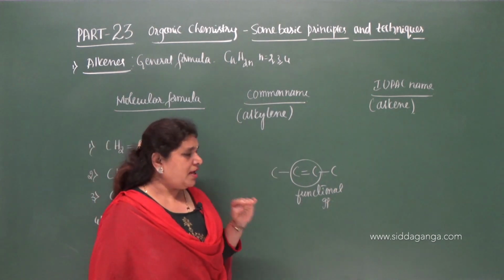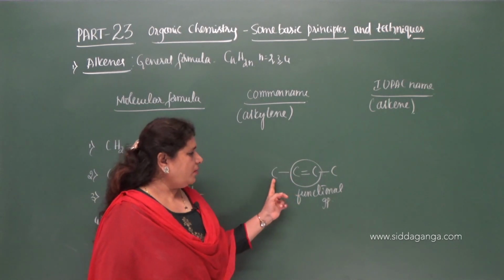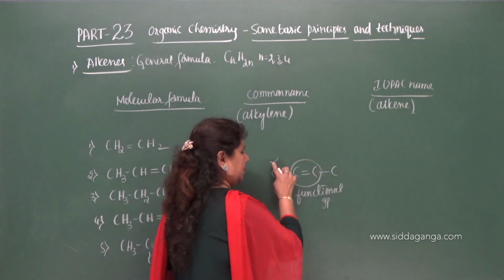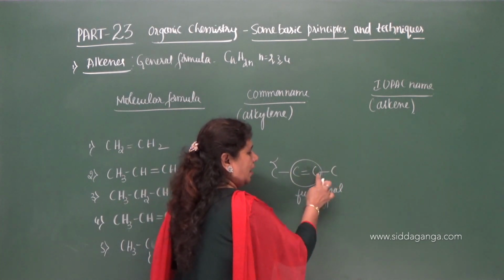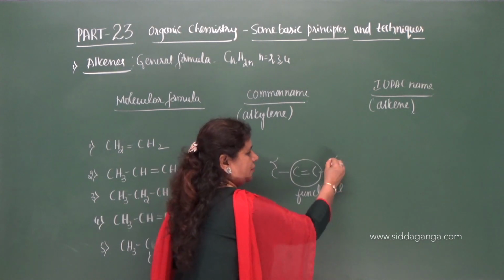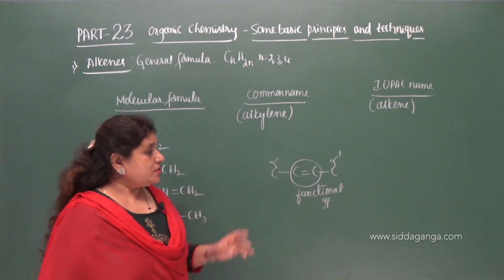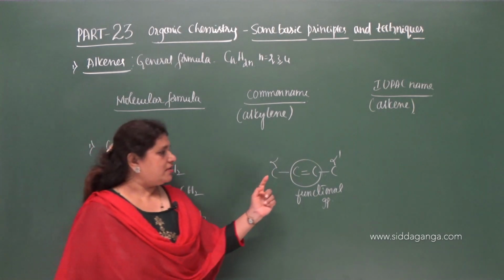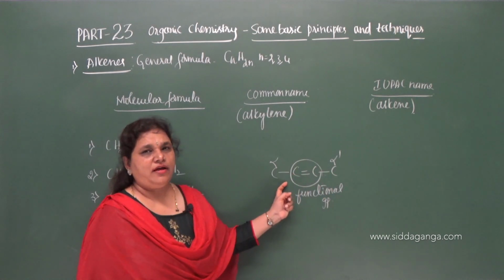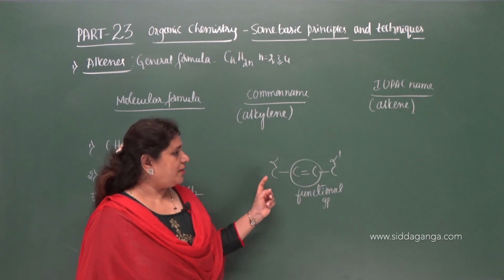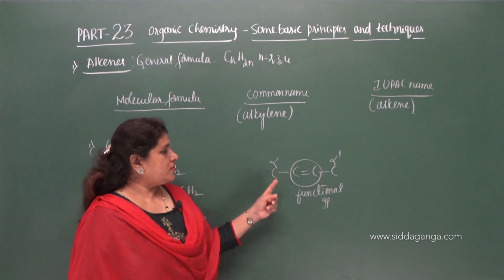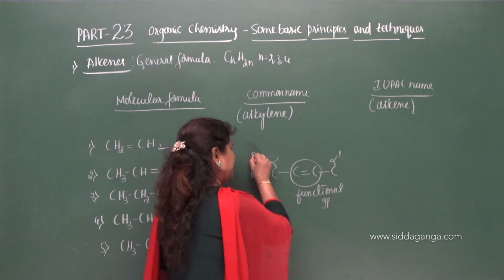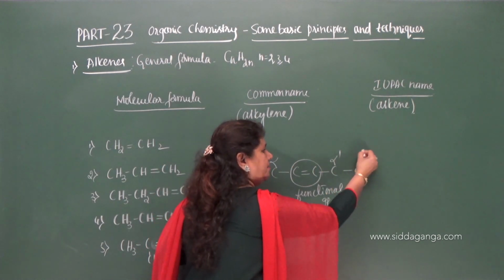So, in a common name system, the carbon which is adjacent to the functional group is called alpha carbon. Here also we have alpha carbon, and on this side also we have alpha carbon, then you can name it as alpha dash. So, whenever the functional group is non-terminal, then you will get two alpha carbon atoms. Then to indicate the two different alpha carbon atoms, you can put it as alpha, alpha dash. And next to this is called beta carbon, and this carbon is beta dash.